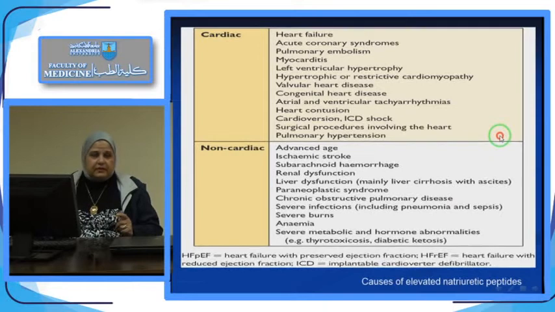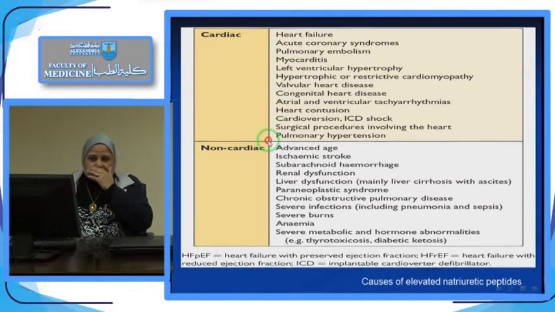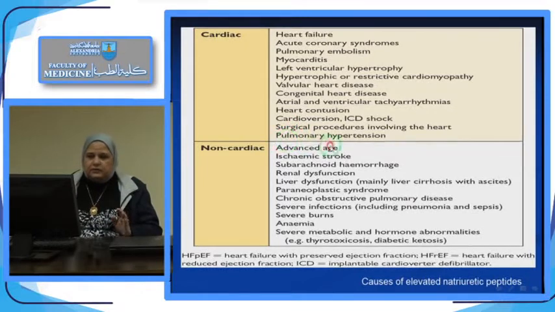Elevated natriuretic peptide is diagnostic in heart failure, but not of major role, because the differential diagnosis of elevated BNP includes cardiac causes: heart failure, acute coronary syndrome, pulmonary embolism, myocarditis, left ventricular arrhythmias, valve disease, cardioversion, defibrillator, surgical procedure, and pulmonary hypertension, all of which may lead to high BNP.